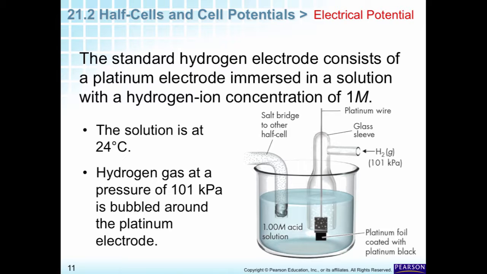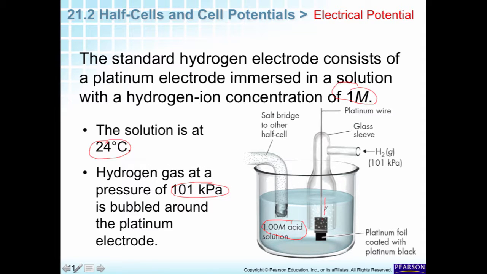Okay, so let's continue talking about the standard hydrogen electrode. They kind of wanted to trick you a little bit here and say it's 24 degrees, it's really 25 degrees. We have a hydrogen concentration of 1 molar because we have an acid solution, and we have hydrogen gas at 1 atmosphere, 101 kilopascals. Hydrogen is a gas, so our electrode is a platinum wire, and then we bubble hydrogen on it.